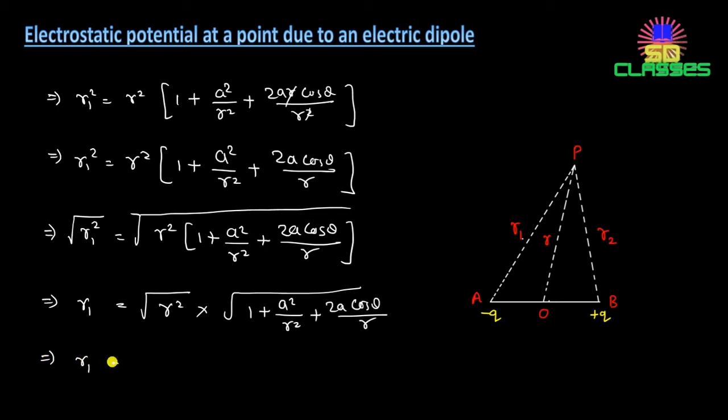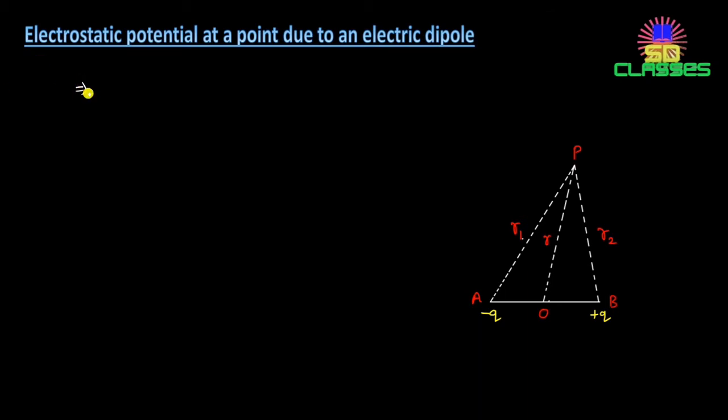Root over of r square is r, into, in place of the root I can write the whole bracket, 1 plus a square by r square plus 2a cos theta by r, to the power 1 by 2, because the root can be written as a power. Now make the reciprocal, so 1 by r1 will be 1 by r into 1 plus a square by r square plus 2a cos theta by r, and the power will now be negative because I have made the reciprocal here, right?